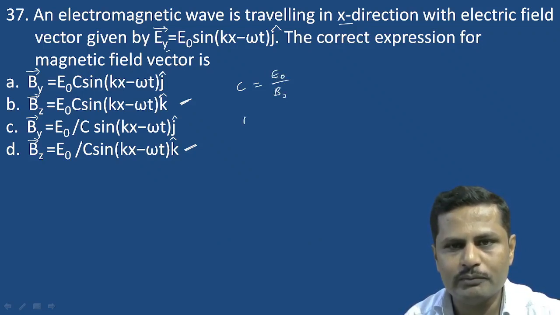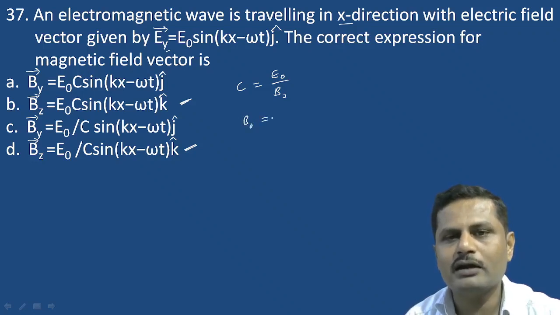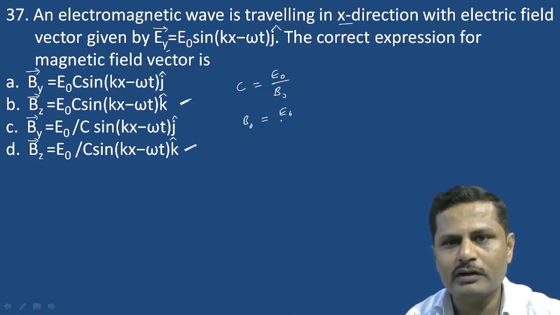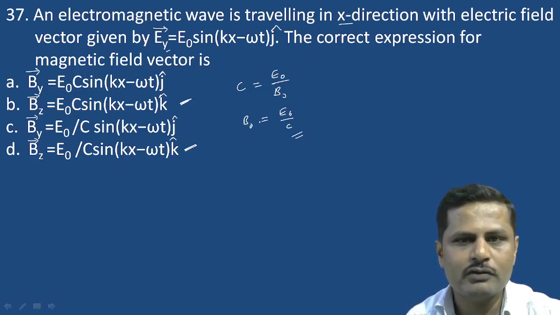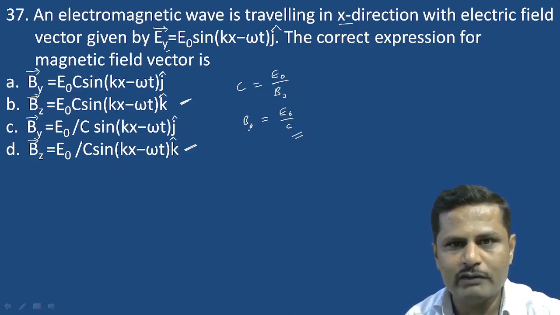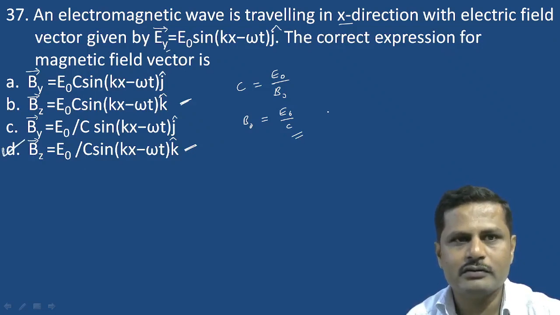Therefore B naught, the amplitude of the magnetic field, is equal to E naught divided by c. Here E naught divided by c is the amplitude of this vector. So option D is the right answer for this question.